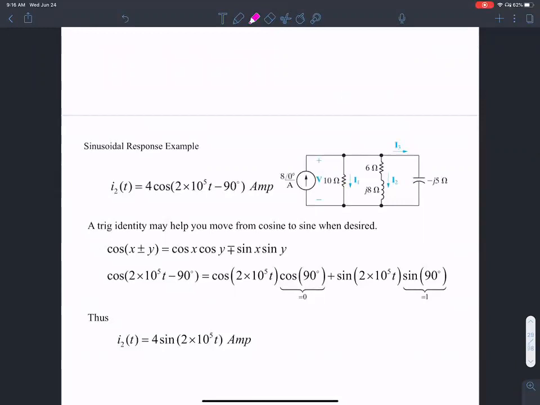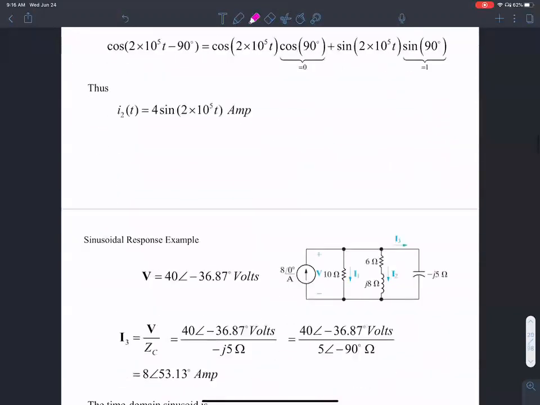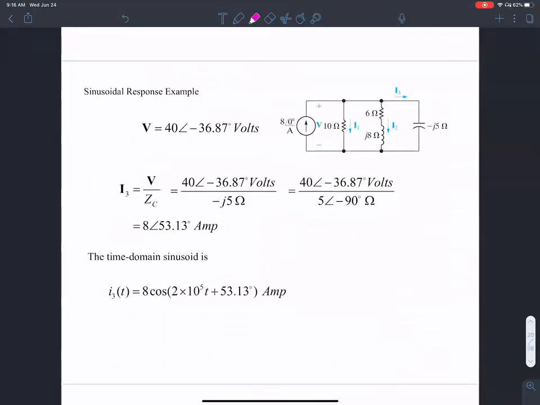I2 and I3 are simply the voltage applied across the terminals divided by the impedance. That will give me I3.